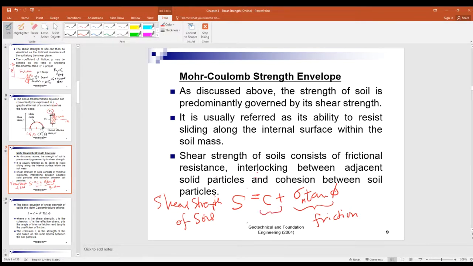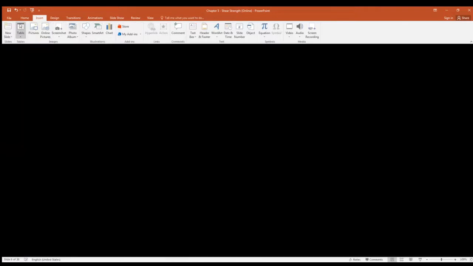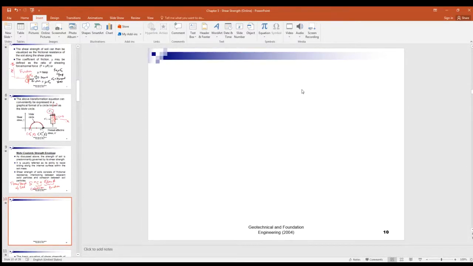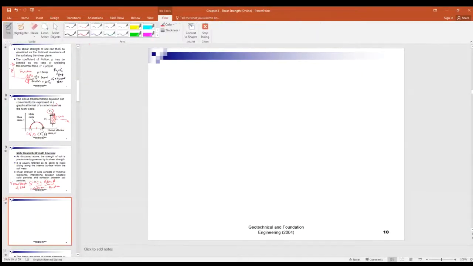Now there's the other part, the cohesion of soil.